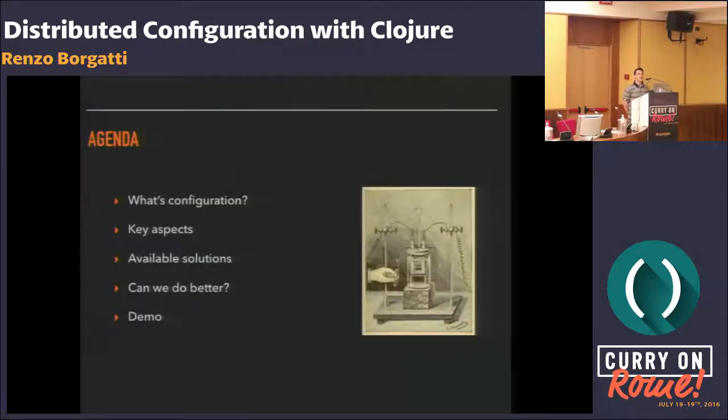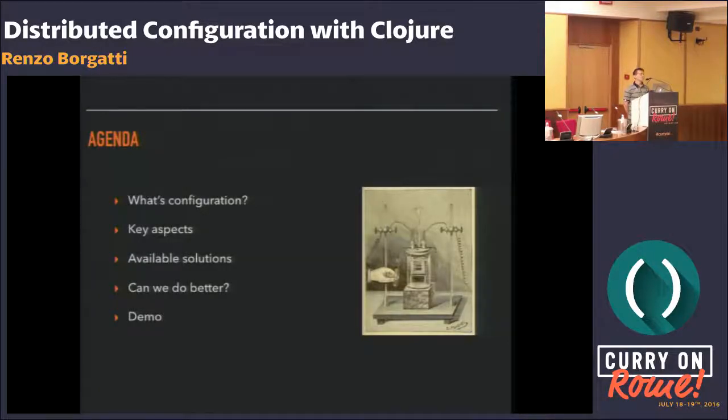So I'm going to go through just a little bit of definition. Configuration is a wide spectrum of things you can do with an application, so we're just going to define it a little bit. What are the key aspects and what are the available solutions?